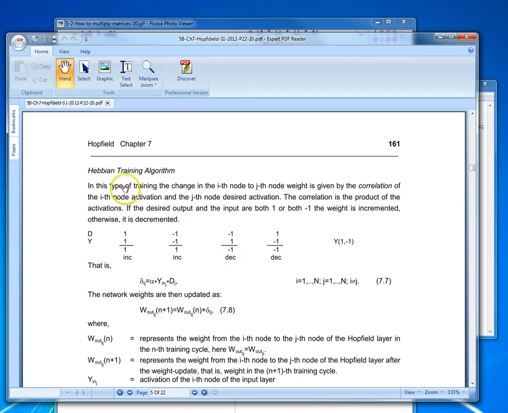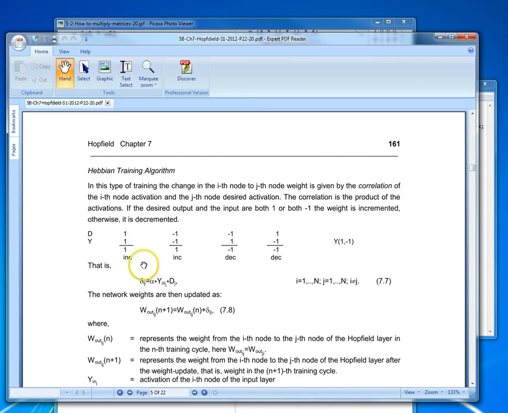Hopfield uses what's called the Hebbian training algorithm. What it means is, if the input is the same as the output, if both of them are positive or both of them are negative, then it is desirable.